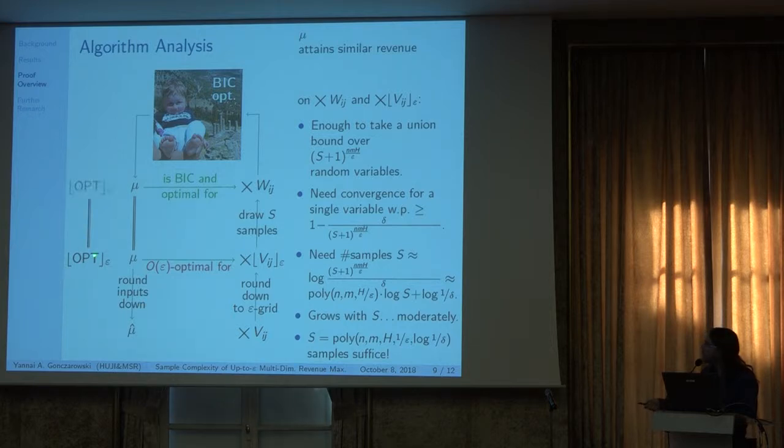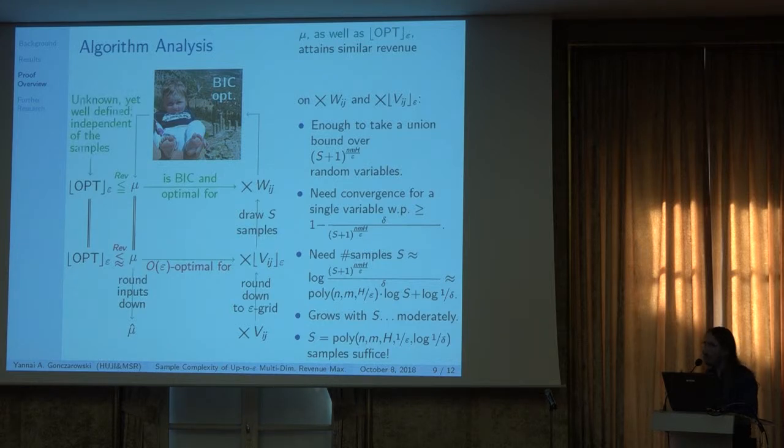So let's think about this auction for a second, the auction that's going to be optimal for the rounded true distribution. We know by definition that mu attains higher revenue over the sample distribution. We're going to claim that mu gets not more than epsilon less than the revenue of this also for the real distribution. So we're going to claim that mu and also opt epsilon attain similar revenue here and here.